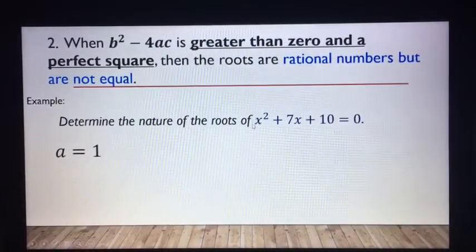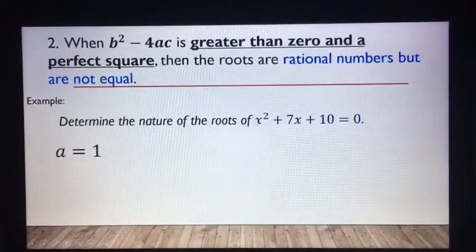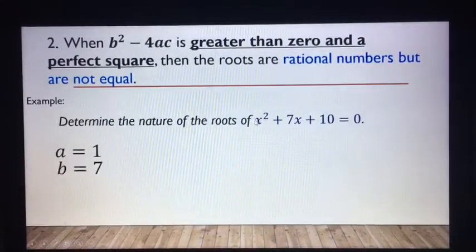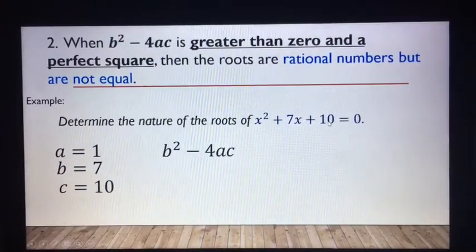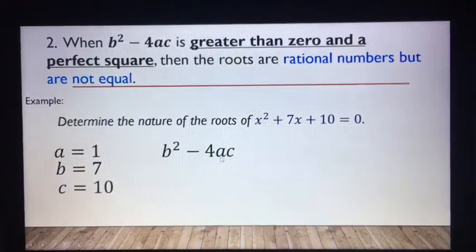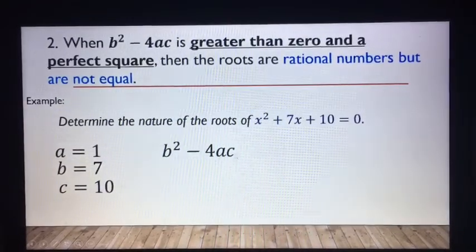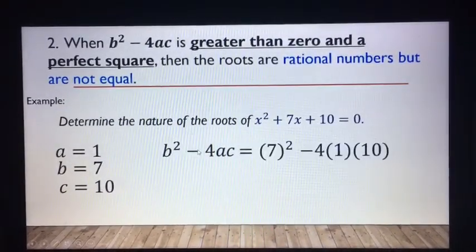Understood po na 1 ang numerical coefficient ng quadratic term natin. B is 7 from linear term. And C is 10, constant term. Evaluate this expression, b squared minus 4ac. Ito po yung discriminant expression natin.